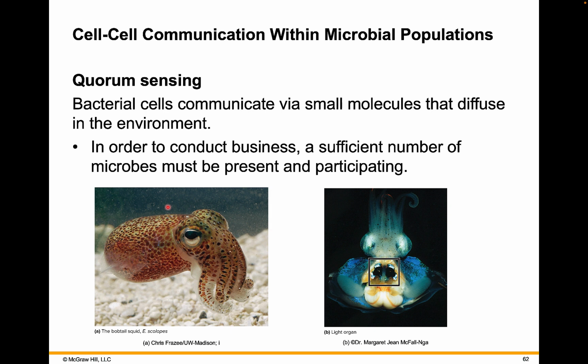During the daytime, they are buried in the sand, and in the nighttime, they come out, and a light organ can light them up. This is done by a bacterium, Vibrio fischeri, which provides the bioluminescence, and quorum sensing takes part in that.